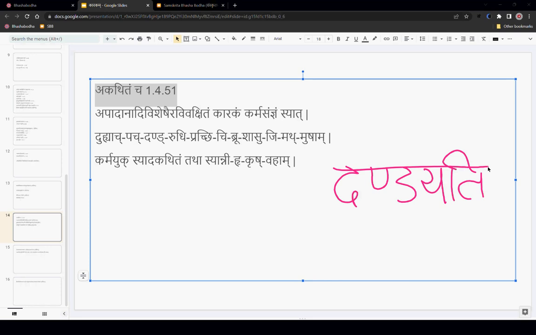Arakshaka shatam dandayati. Now, suppose he is fining the chora 100 rupees. Now 100 rupees is parting from the chora, and the chora gets apadana. So then, Panchami. Arakshakah chorat shatam dandayati.